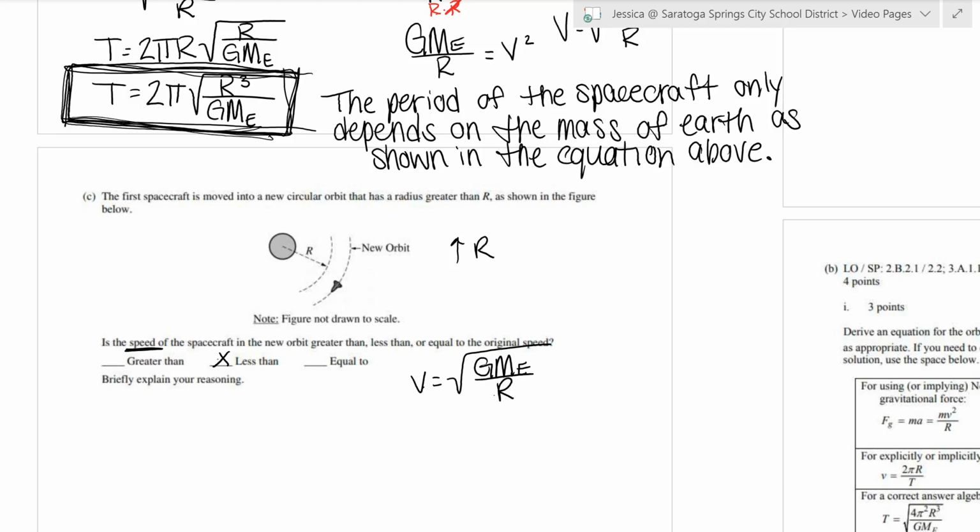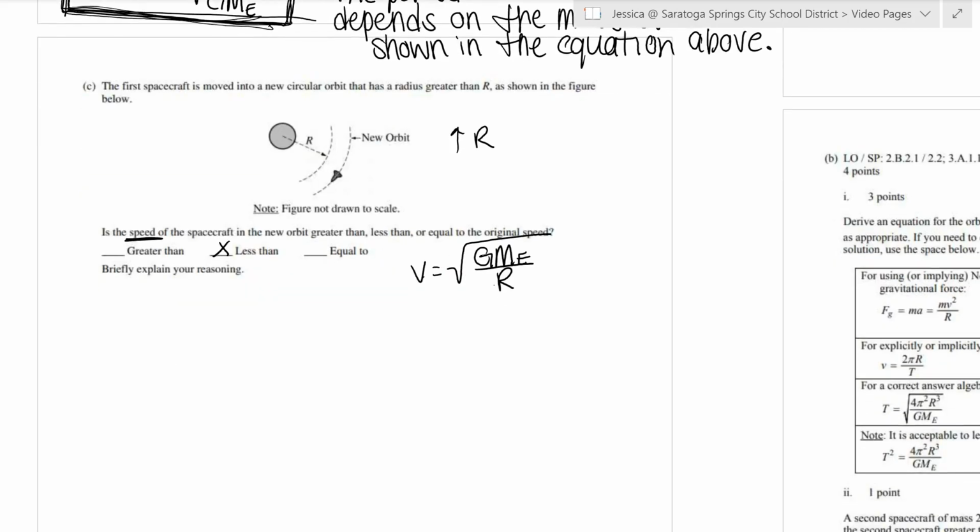And you can think of it in a few different ways. You can think of it referencing this equation. You can think that as r increases, the force of gravity is going to decrease, so the acceleration is going to decrease, so the velocity must also decrease.